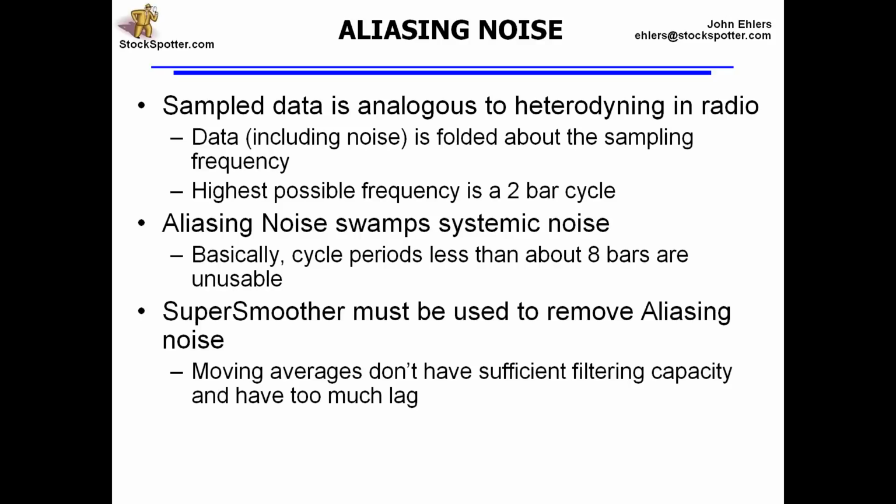And the noise is highest near the sample rate and near the highest frequency that you can use to analyze. That's called a Nyquist frequency, and using daily data, that's a 2-day cycle. Because you've folded noise back down, it's just impossible to use the data for short cycles because this noise swamps the signal.